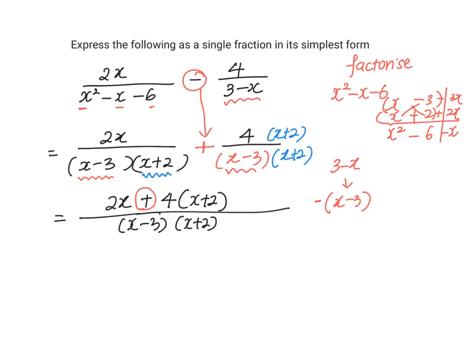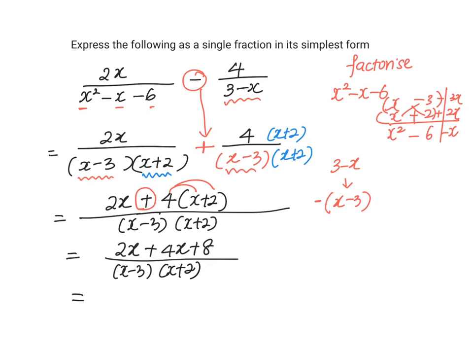So we'll need to expand and simplify the numerator, which will give me 2x plus 4 times x, 4x. 4 times 2, 8. Over x minus 3, x plus 2.